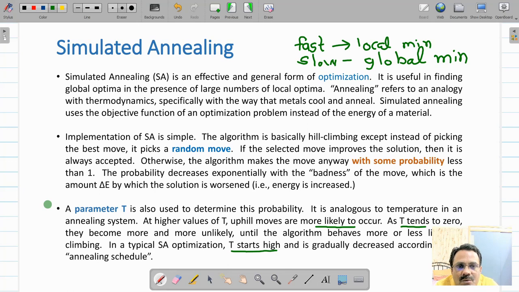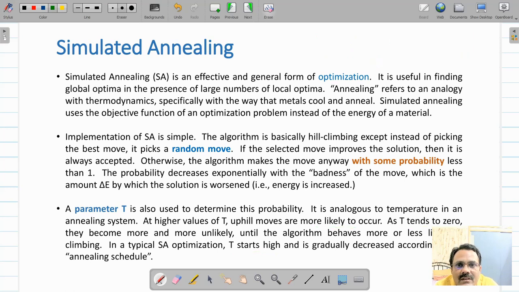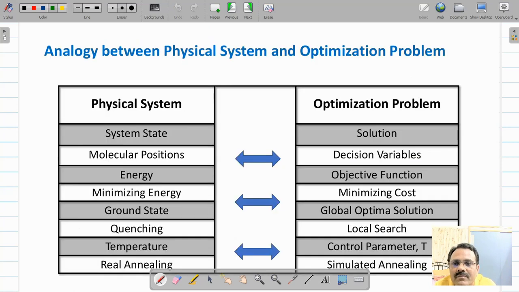If it is too slow, then the computational overhead will increase and therefore the algorithm will be very slow. So you have to find a balance between these two. A proper annealing schedule is required to make this algorithm successful.